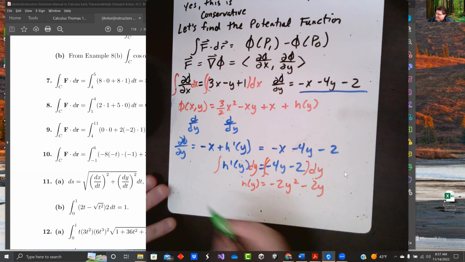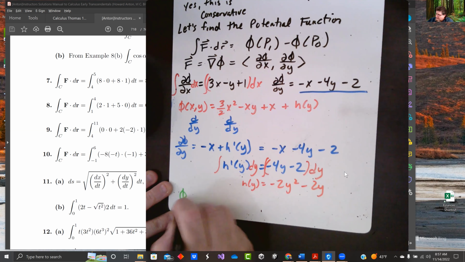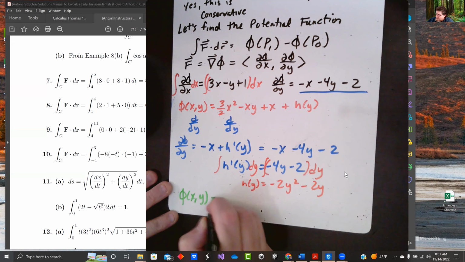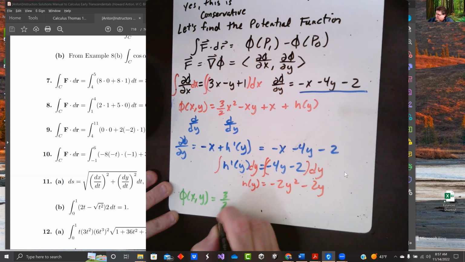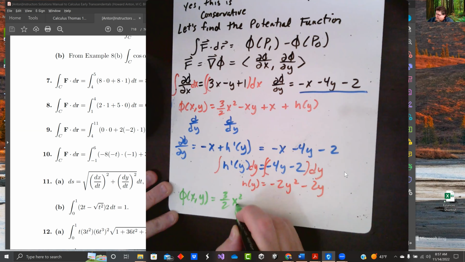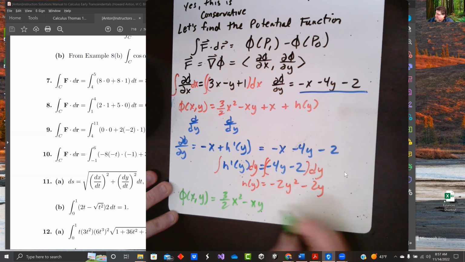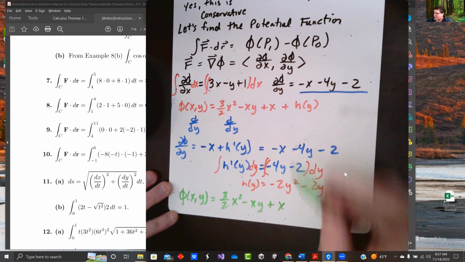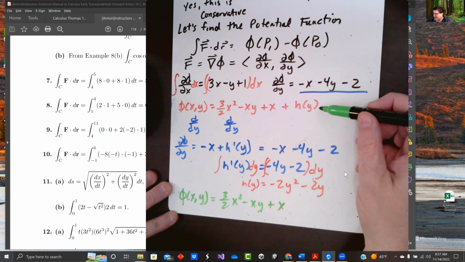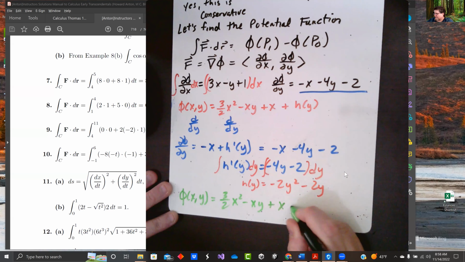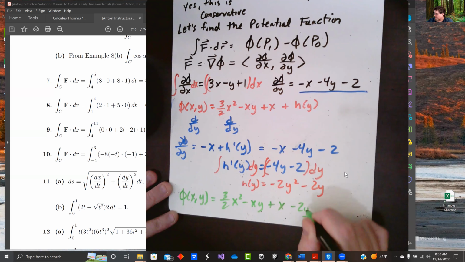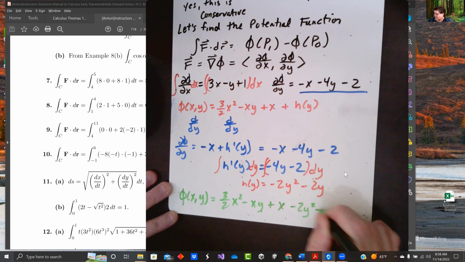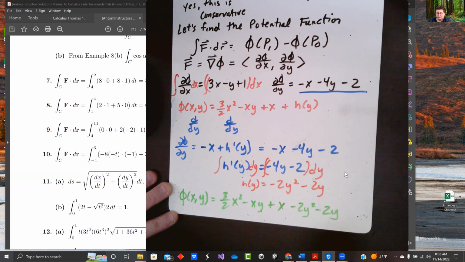So my phi of xy, I had 3/2 x squared minus xy plus x, that's what I had above. And now I have my h components, negative 2y squared minus 2y.